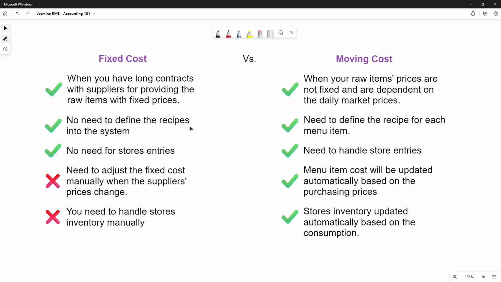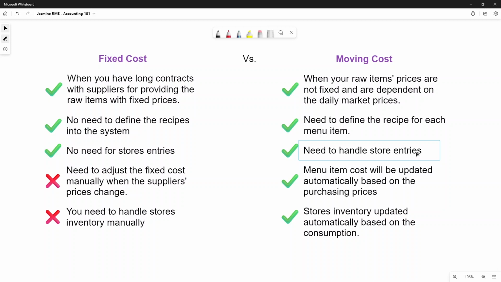In the fixed cost, we don't need to handle the store entries, the receiving, the moving, the consumption, the transfer, the wastage. While in the moving cost scenario, we need to handle all the entries of the store.